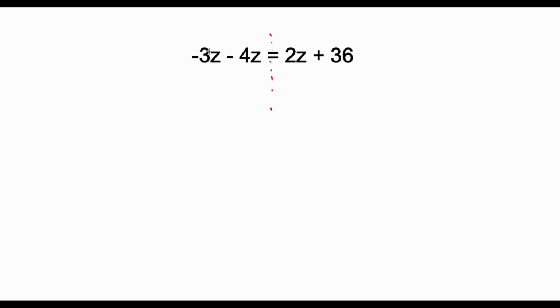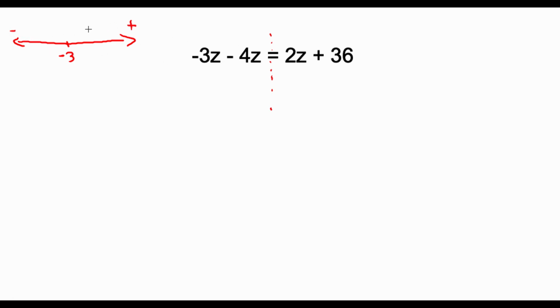So here, I'm simply going to subtract negative 3z with 4z. Now, if you are not very good at subtracting integers, what you could do is you could use the number line and focus on the coefficient, the negative 3 and the 4. So you can start at the negative 3 here. Now, what's happening to the negative 3? Well, you're going to take away 4 from the negative 3, which means on the number line, if we recall, positives on the right, negatives are on the left.